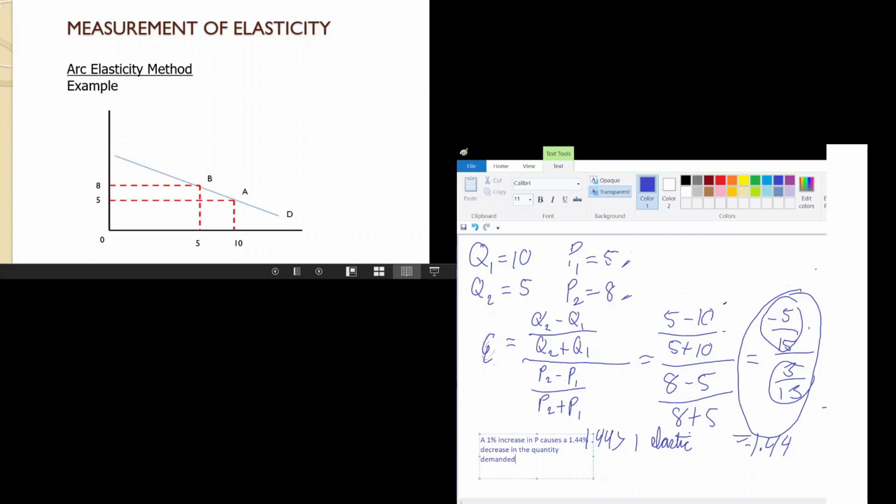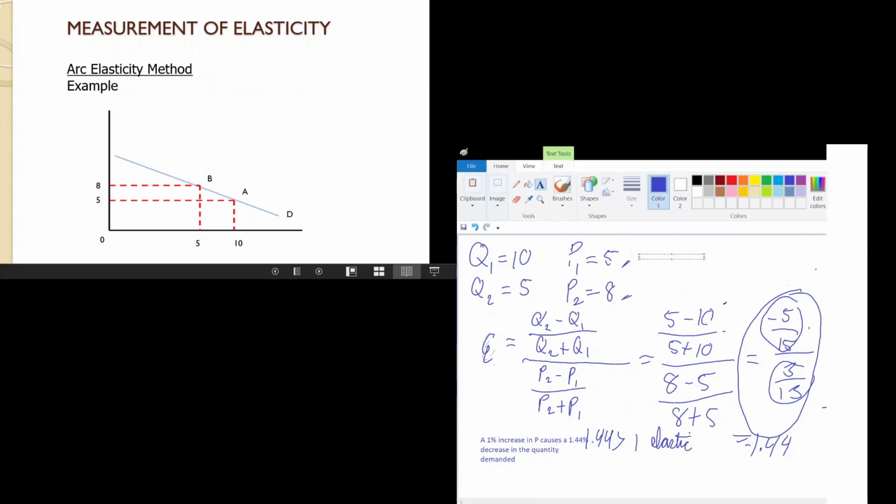Okay. So, saan galing yung 1%? So, sabi ko na nung nakaraan, it is constant, it is used in interpreting values. So, hindi na siya mababago. Saan galing yung increase? Paano natin nalaman na merong increase in price? So, take a look at the given. So, yung P1 mo kasi is 5. Okay.